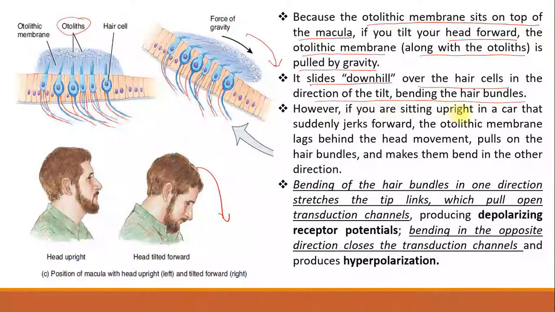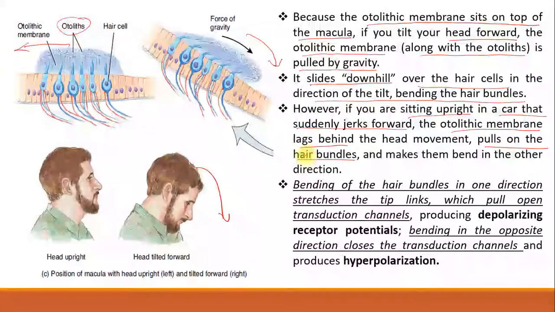However, if we are sitting upright in a car that suddenly jerks forward, like when braking, the otolithic membrane lags behind. So in that kind of jerk, this otolithic membrane will lag behind and move in this direction.